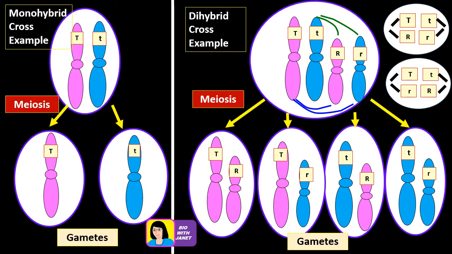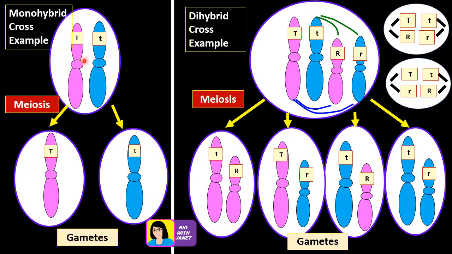Right, so now let's look at how the alleles will look in the cells. All right, so the alleles are carried by the chromosomes. Okay, genes are carried by the chromosomes, and this is a pair of homologous chromosomes. Let the blue one be the paternal chromosome and the pink one be the maternal chromosome, of the same type.